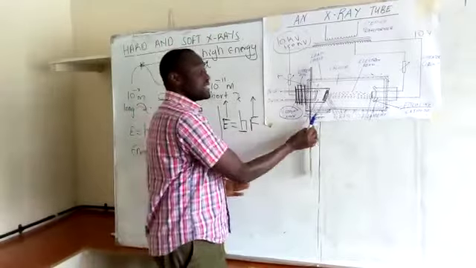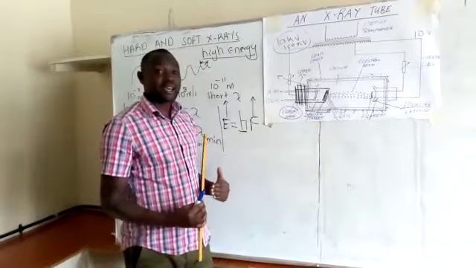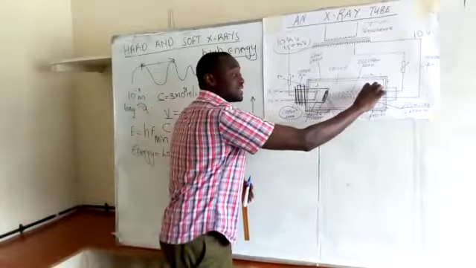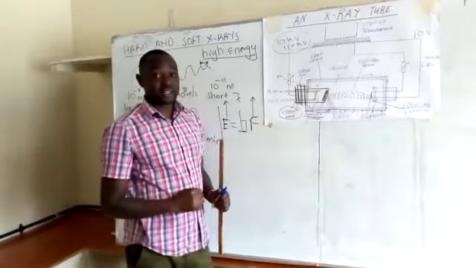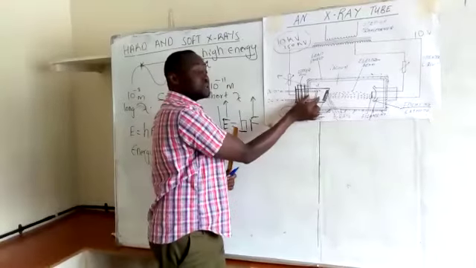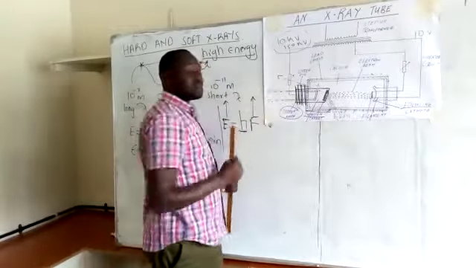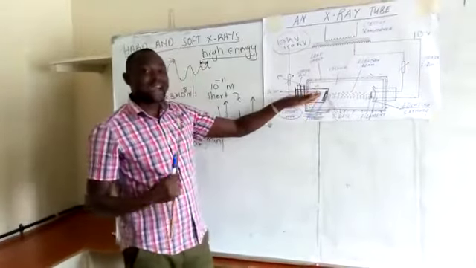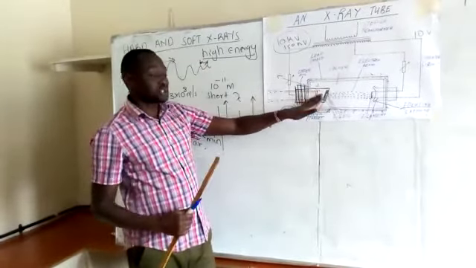Therefore, to vary the energy carried by the X-rays, we do so by varying the speed of the cathode rays. And to vary the speed of the cathode rays, we do so by varying the potential difference connected to the anode, which we call the accelerating potential.